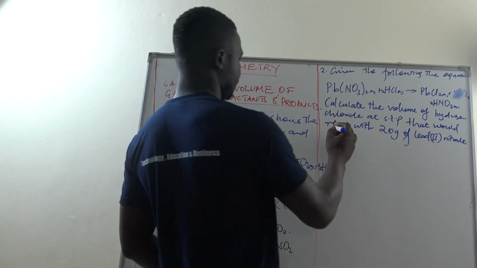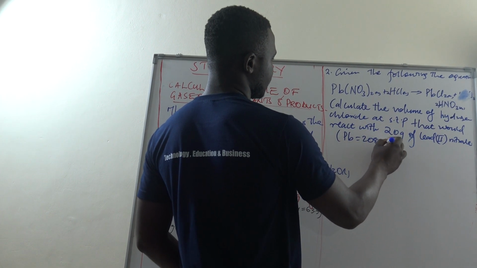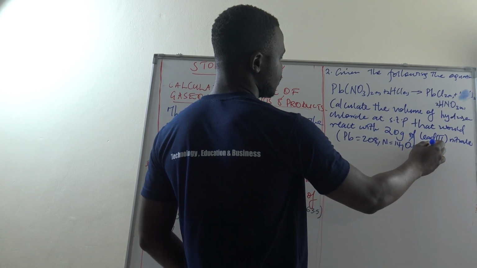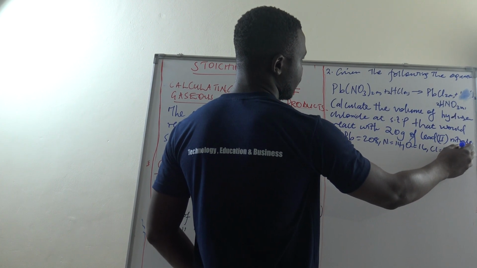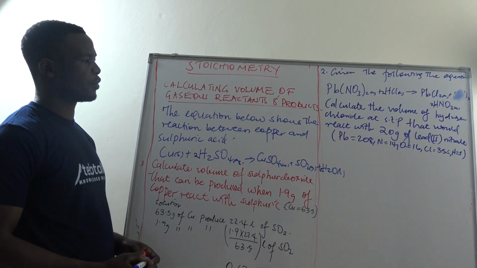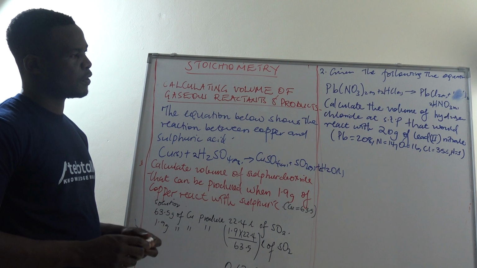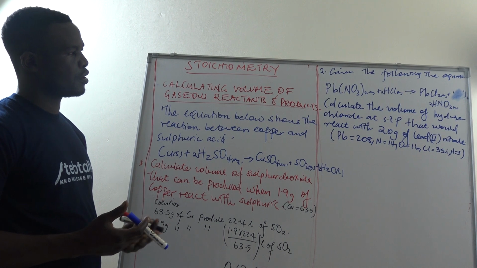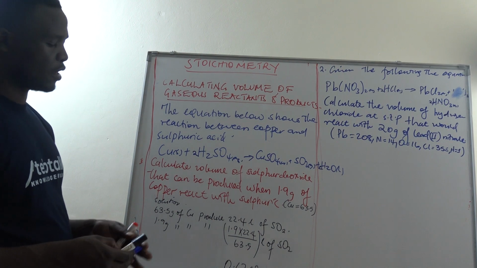And in the brackets here, we have lead is equal to 208, nitrogen is 14, oxygen is 16, chlorine is 35.5, and hydrogen is equal to 1. Now, they're asking us to calculate the volume of hydrogen chloride that would react with the lead 2 nitrate to give us the products that we are seeing on the other side.